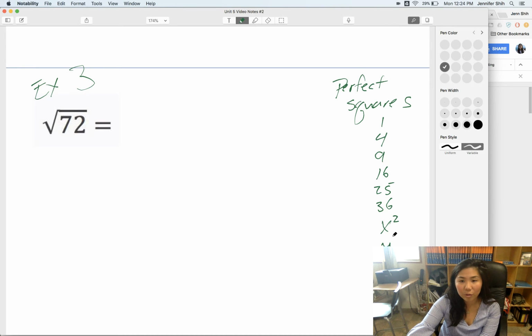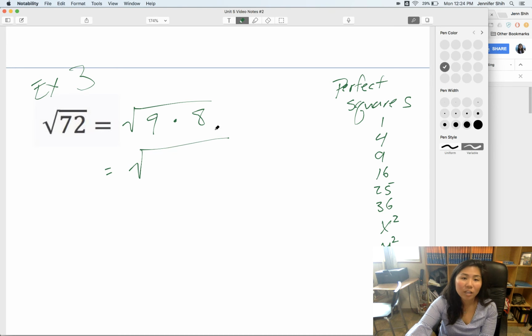These are all perfect squares, which means if you take the square root of them, it's going to be a whole number. So 72, I like to break it up into factors. I think of 72 as 9 and 8 originally. And then you can break it up even more. I know it's 36 times 2. That's another way you can break it up, 36 times 2.